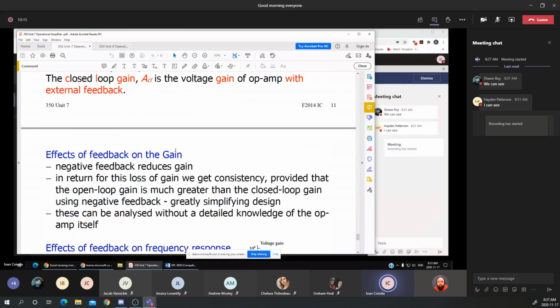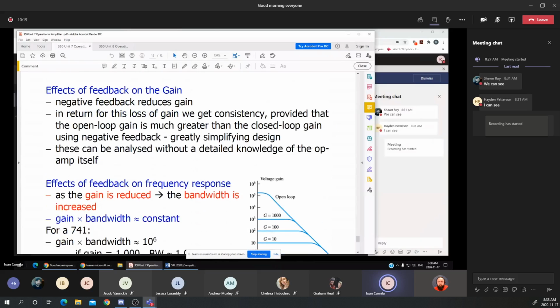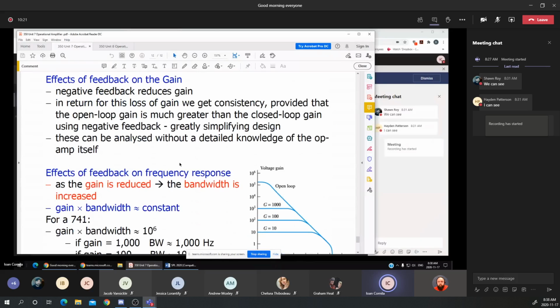I mentioned that one of the advantages is increasing the bandwidth. Now we are looking at the advantages of the op-amp and increasing the bandwidth.